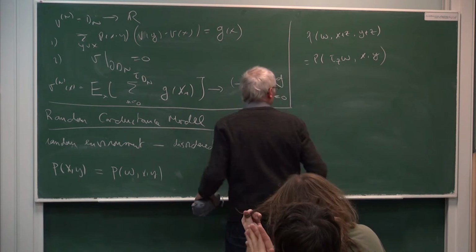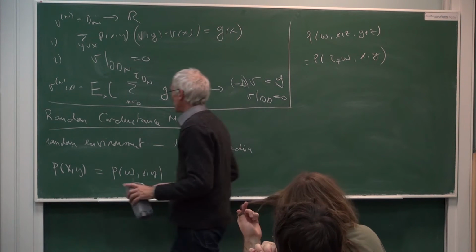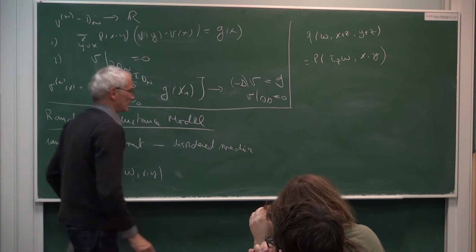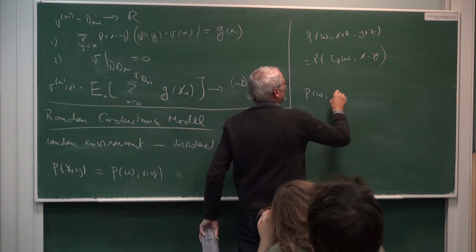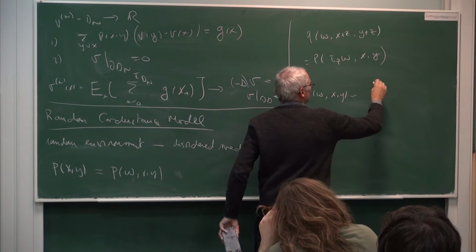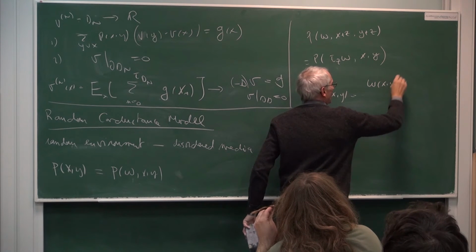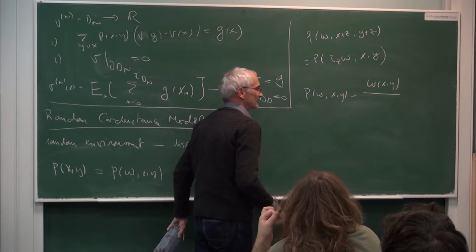And what we will assume is the following. So let me just take, in the conductance model, actually the transition is of a very special form. We have it in the following way. So P omega of x to y is omega of x to y. You want this to be a probability distribution.